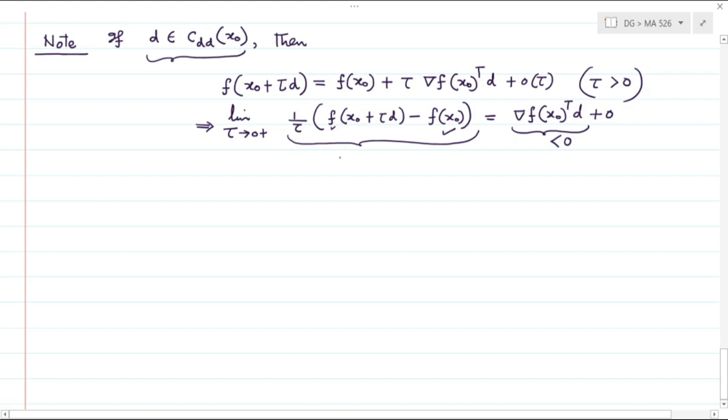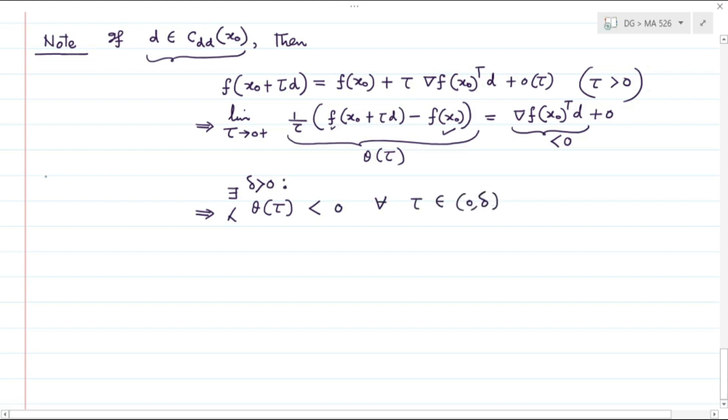Considering this function as theta tau, the limit as tau tends to 0 plus of theta tau is less than 0, and from the notion of limit we can find a neighborhood of 0. That means there exists a delta greater than 0 such that theta tau is less than 0 for all tau belonging to 0 to delta.